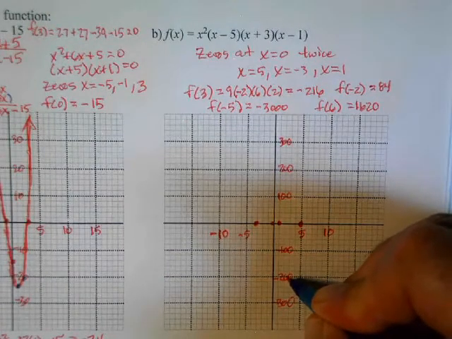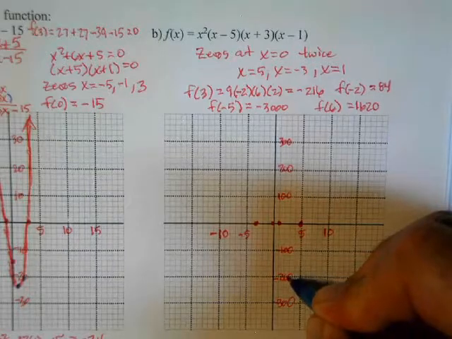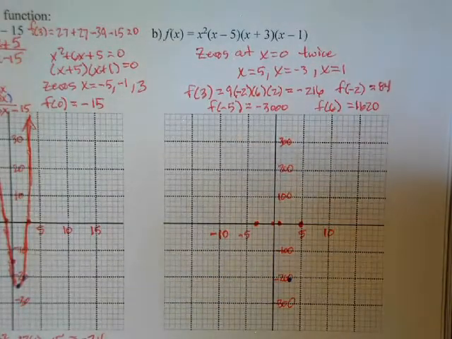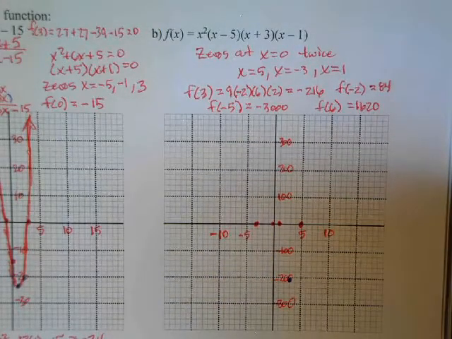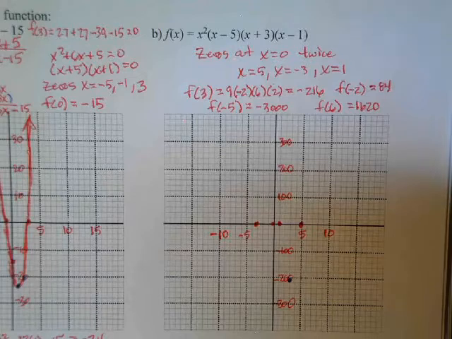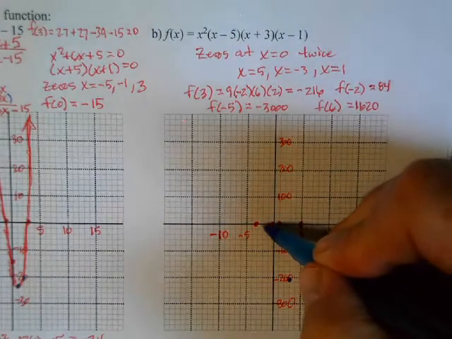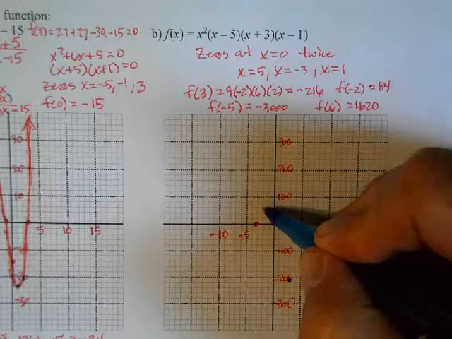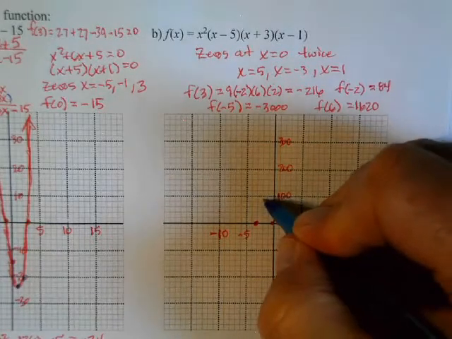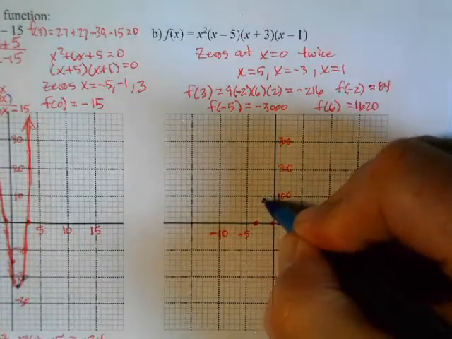And let's see, what else did I have? F of -2 was 84. So 1, 2, 10, 20, 40, 60, 84, just a little bit above the line there. So it has to be like that. And then the other ones are way off the page.